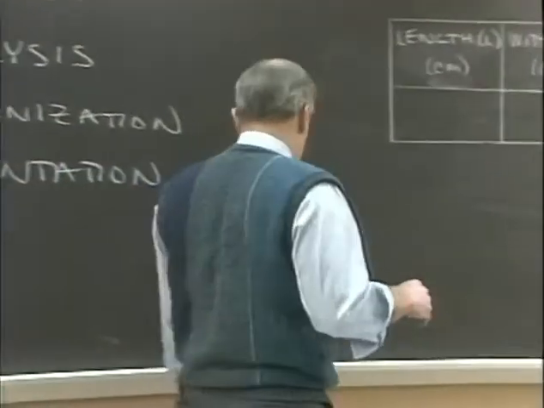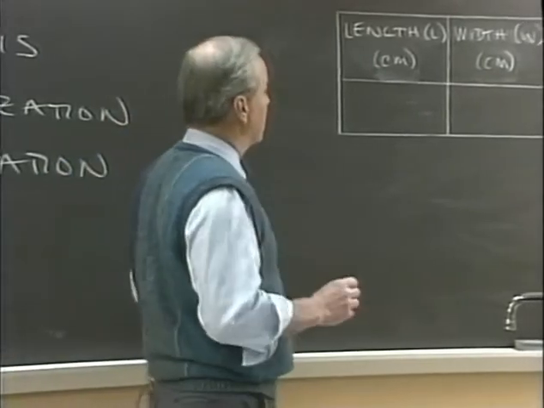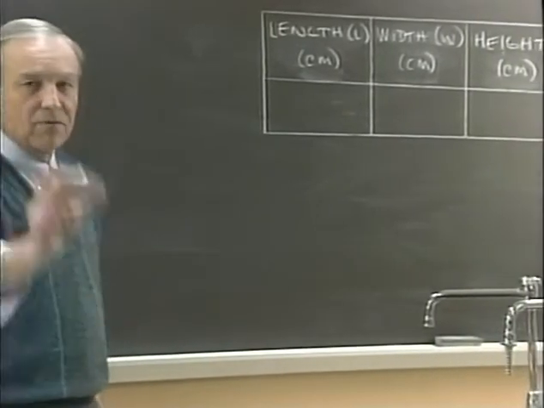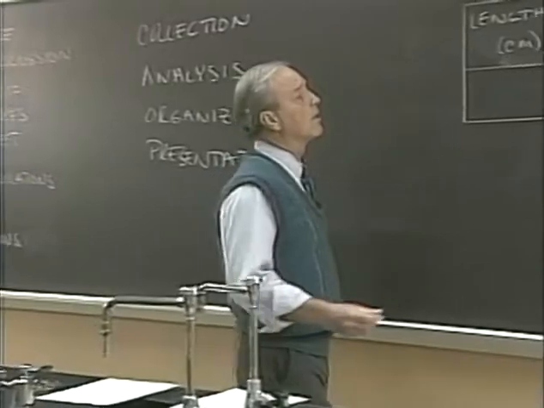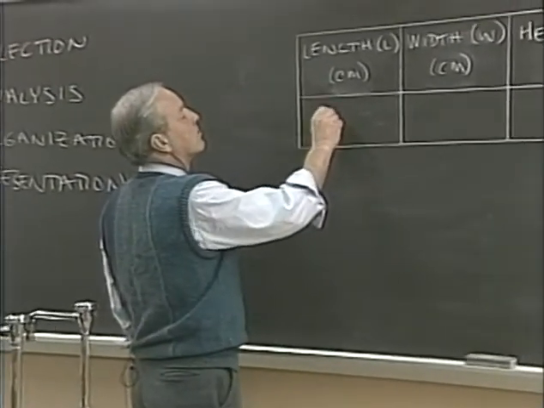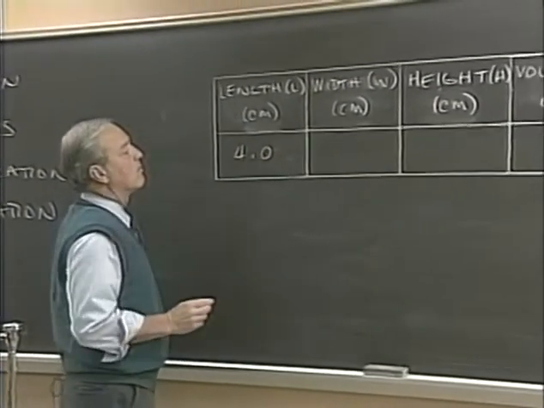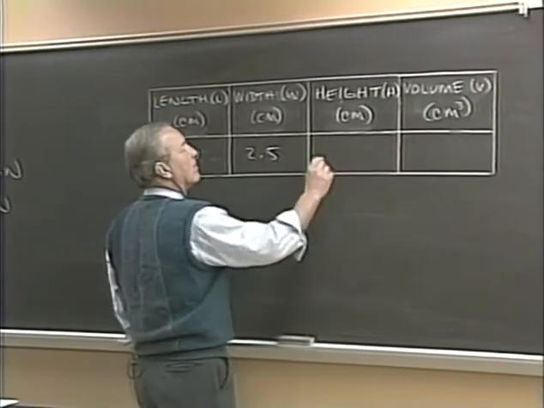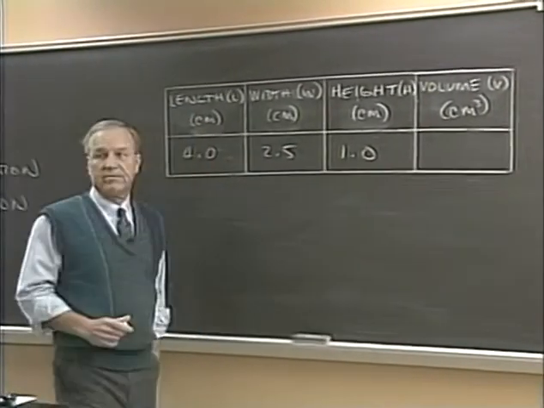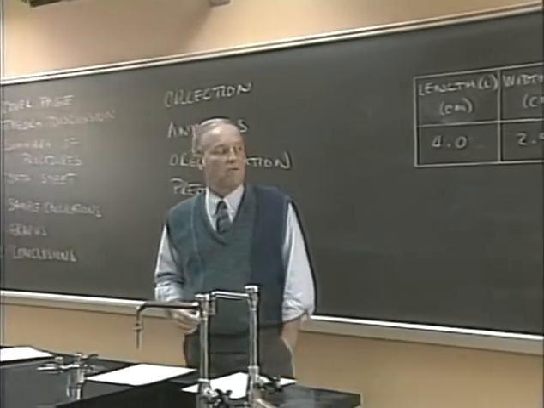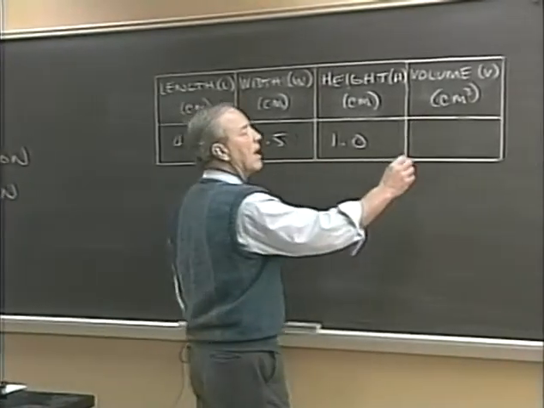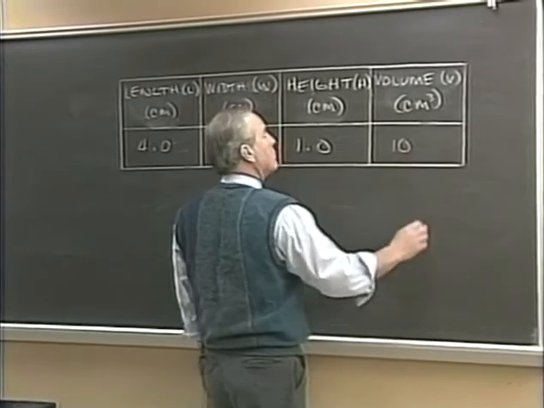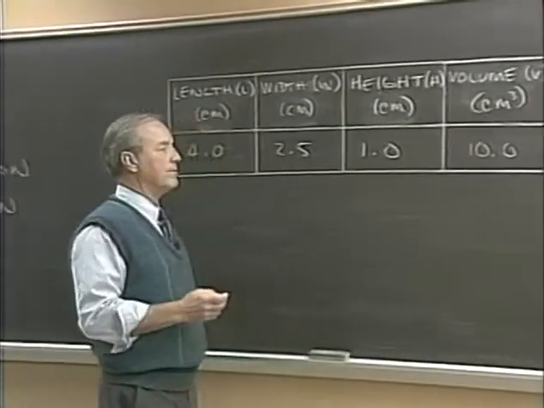Now, again, assuming for the sake of argument that I have the right numbers for this rectangular solid, let's say we had a length of 4 centimeters, a width of 2.5 centimeters, and a height of 1 centimeter. The volume for that, when we calculate it out, would be 10 centimeters cubed.